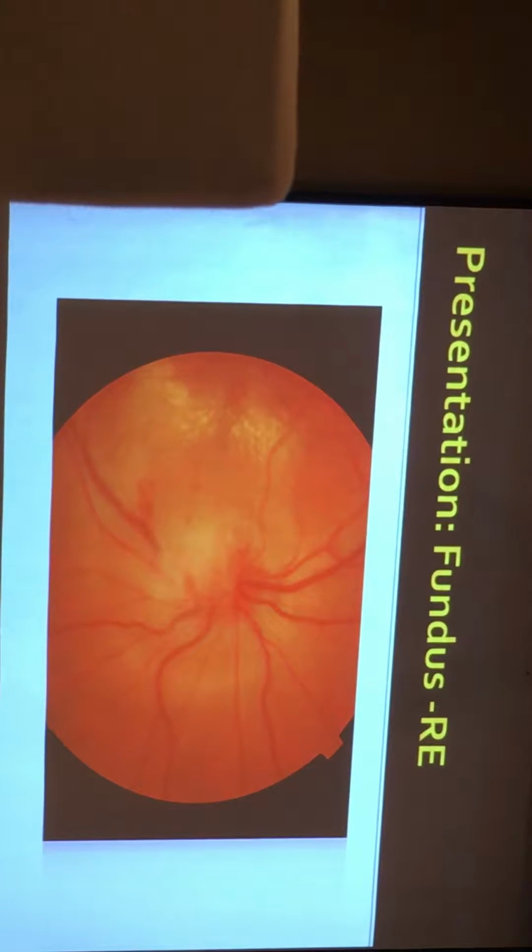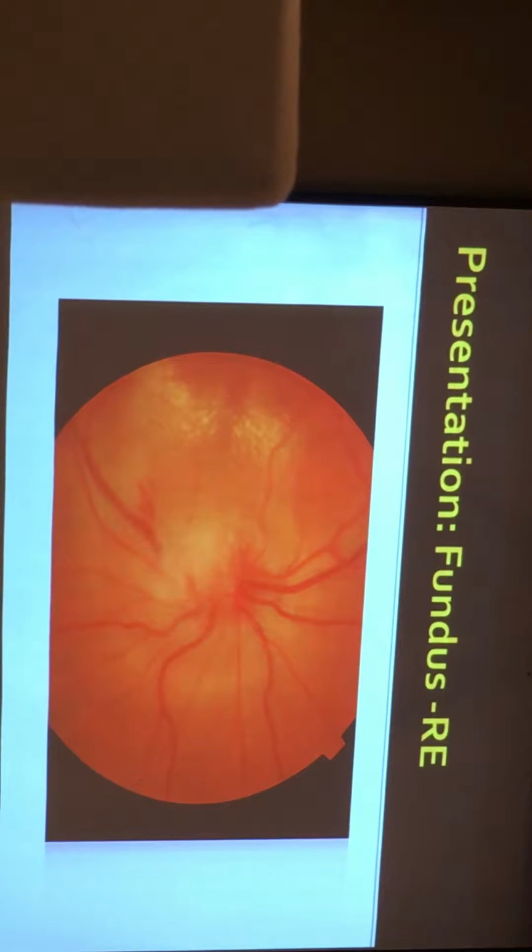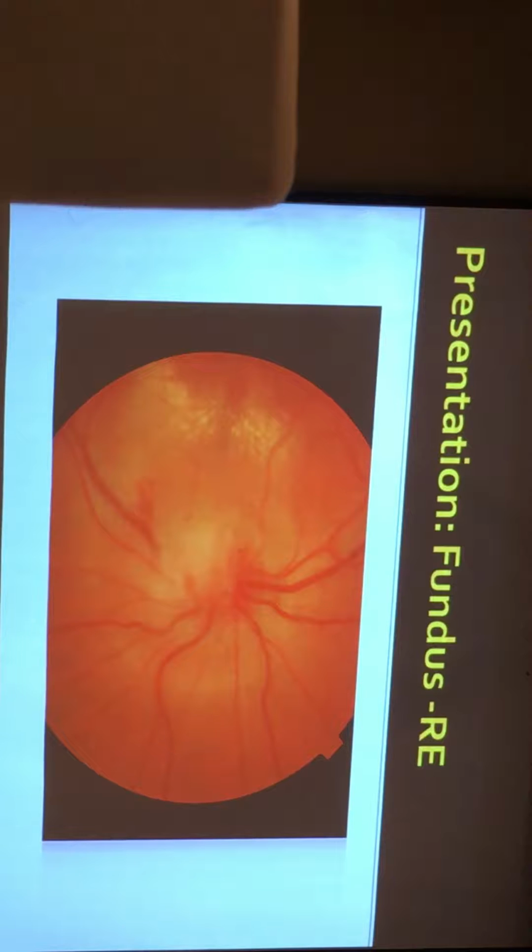We can see the foveal reflex, and the optic nerve is blurry because of the swelling. Arteries and veins look fine.